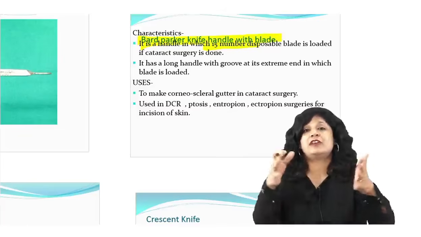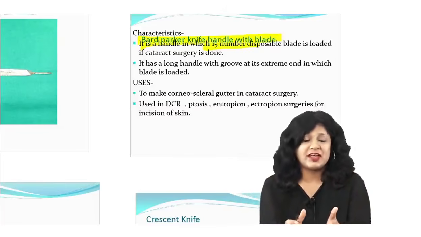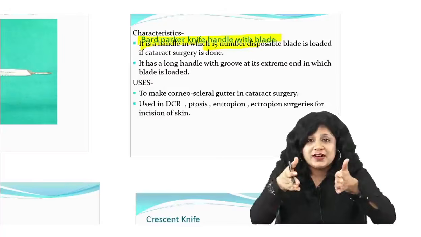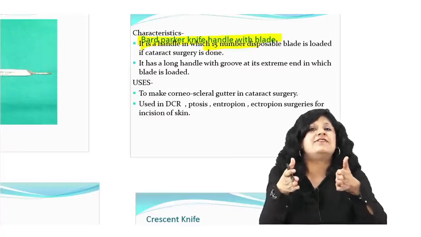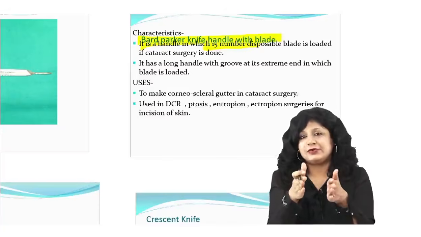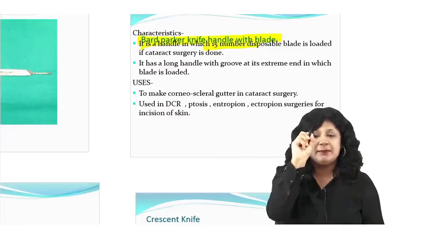You don't have a large surface area to give the dissection here, to give the incision there. So your workspace is very limited. So you have to go according to that only, and it's better if you hold that blade in a pen holding manner like this.